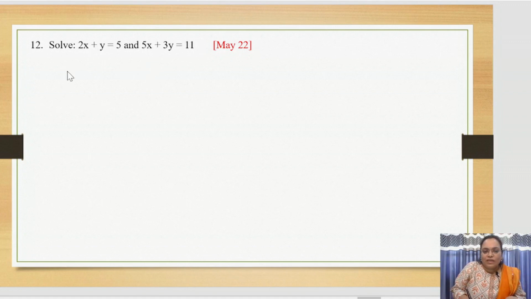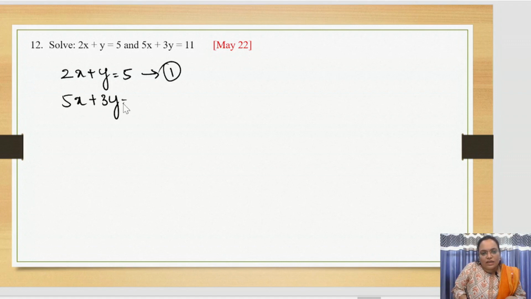Okay. So the given equations are 2x plus y is equal to 5. Let us take it as equation number 1. And 5x plus 3y is equal to 11 as equation number 2. Okay. So by the elimination method, if you want to eliminate any one variable, we need to see that the coefficients of the variable should be equal.